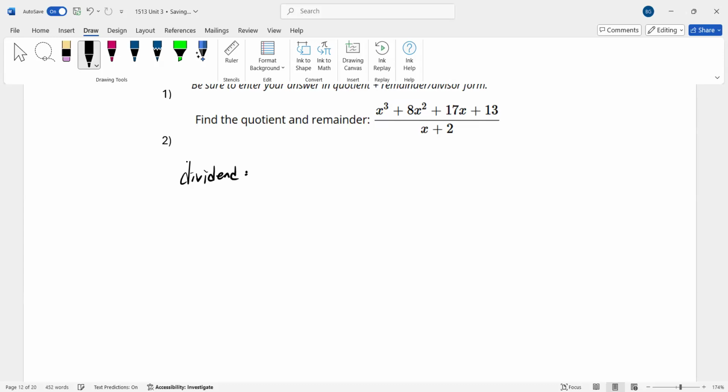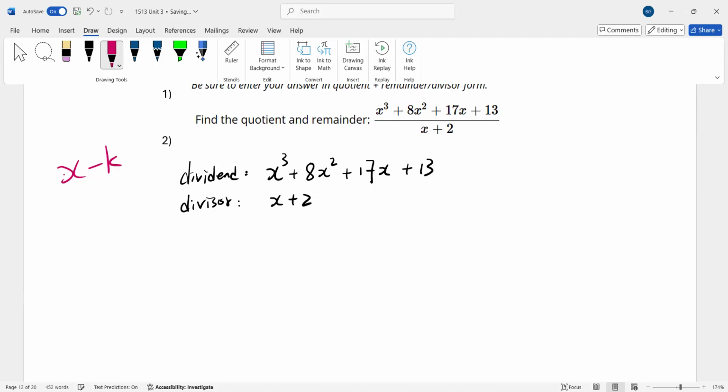Dividend is x cubed plus 8x squared plus 17x plus 13. The dividend is already in the standard form. Divisor, x plus 2. Remember, synthetic method only applies when the divisor is in this form, and when you know what k is.